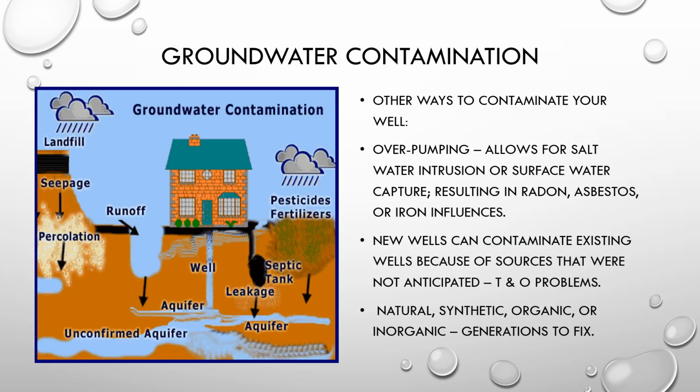All right, groundwater contamination continued. On the left there is a nice little diagram of how aquifers or groundwaters can be contaminated from different sources, and other ways are described on the right here. You can overpump your well, which would allow for intrusion of ocean waters or surface waters. Then you have the resulting radon, like I described earlier, which is naturally occurring in your soils, pushing gamma, alpha, and beta rays out into the water.